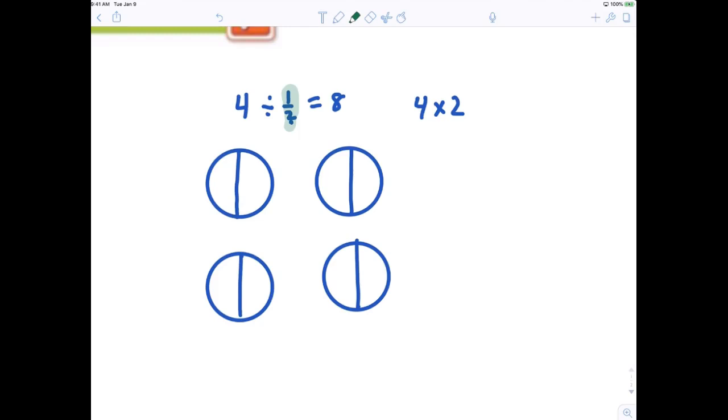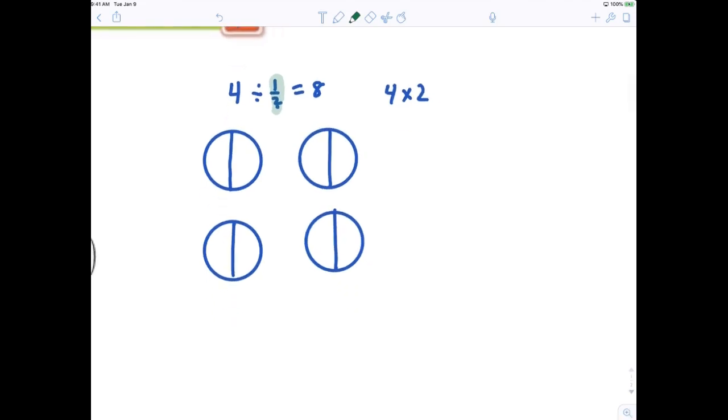Now, I tried to emphasize which reciprocal we are doing: we're taking the reciprocal of the second number. The first number doesn't change. So if I said to you, for example, 2/3 divided by 3/5, we would say that is the same as what?